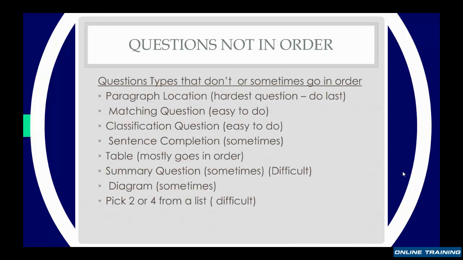That's another one that I would save for last. Your diagram sometimes goes in order. And that question that says pick 2 or 4 or 3 from a list, really difficult to do. So these are the questions that don't go in order. It's important to understand which questions go in order, which questions don't go in order. Really important to understand that.